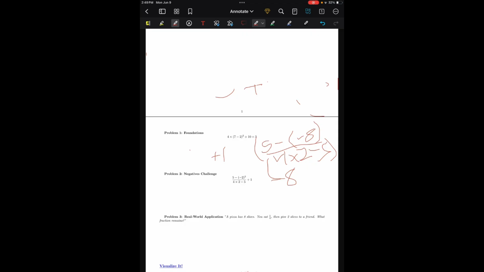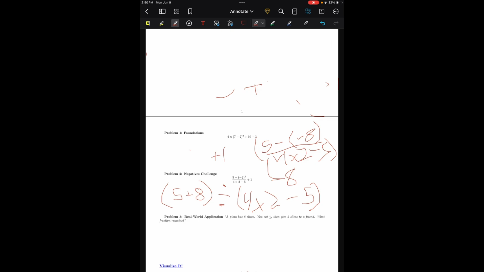So let's set this up in a different way to help you understand better. 5 minus negative 8, I'm just going to write 5 plus 8 because you should all know about the double negative rule. 5 plus 8 divided by 4 times 2 minus 5. You see how the bottom equation equates to the top because we had to add parentheses to both sides of the equation.